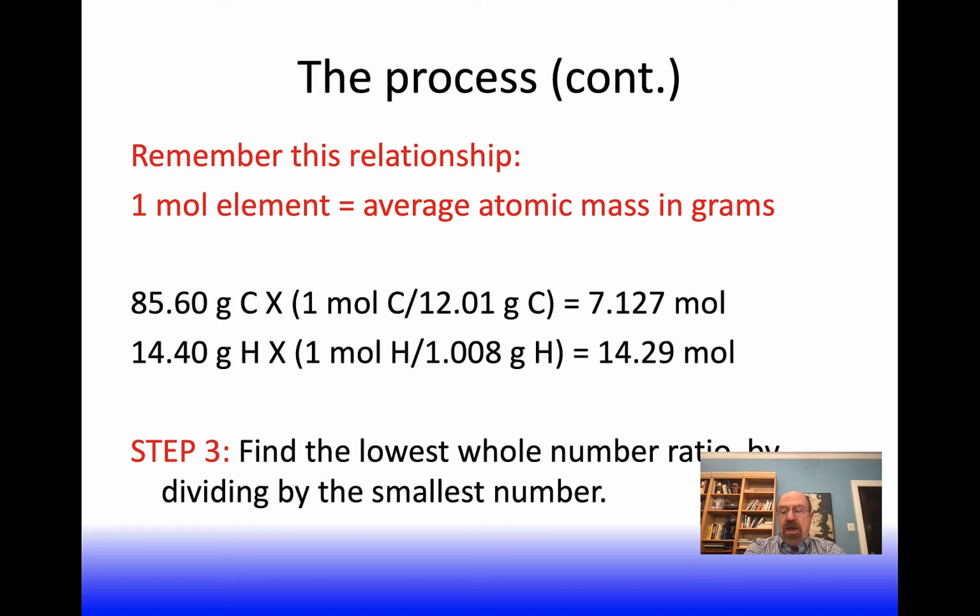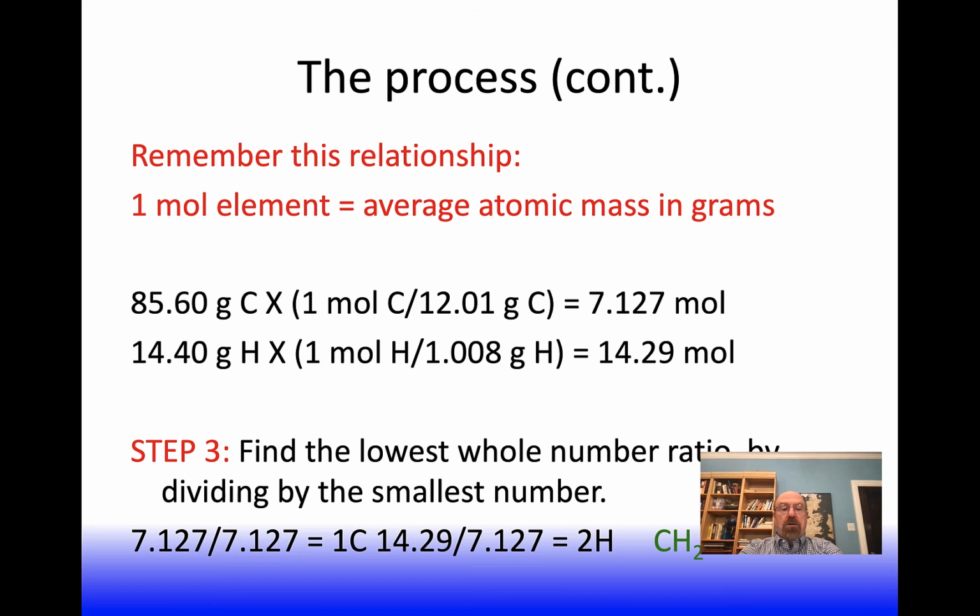So the way you do that is you divide by whichever value is smaller. You've got two values here, 7.127 and 14.29. Divide both of them by the smaller one, and you will see what happens. If we divide 7.127 by 7.127, it equals 1.